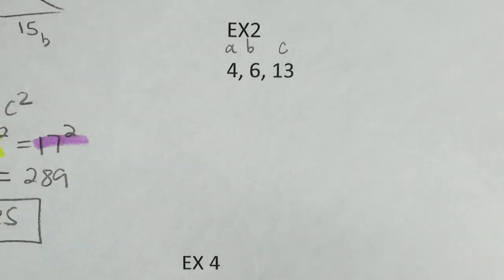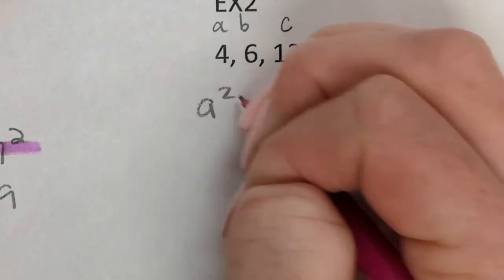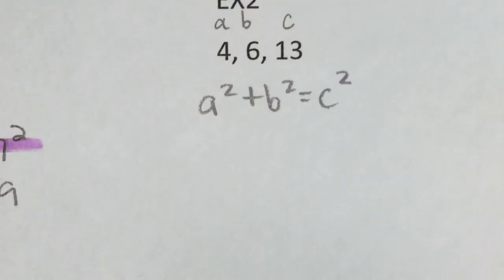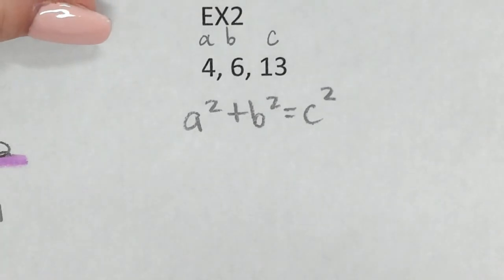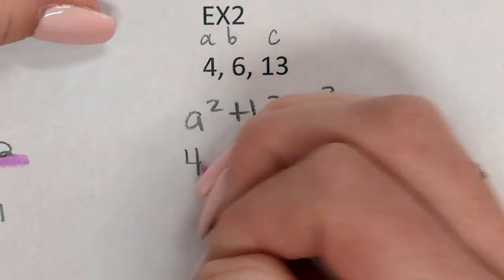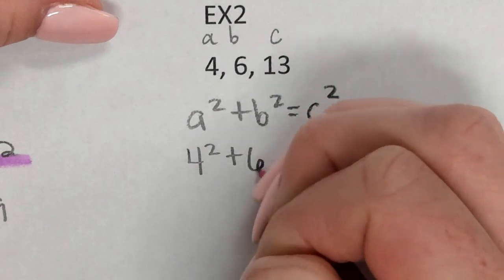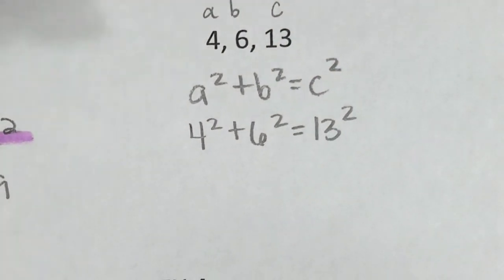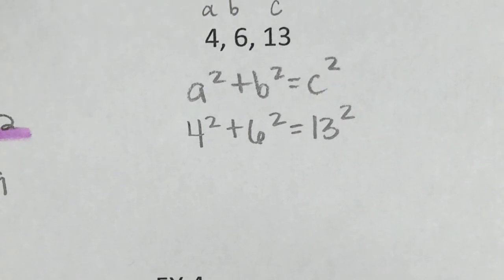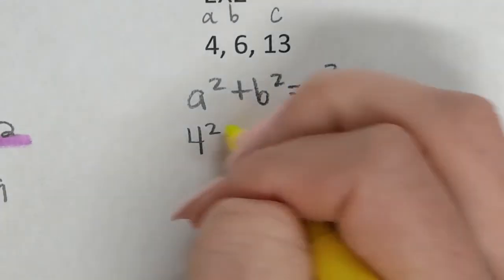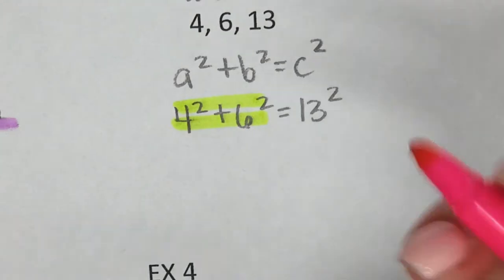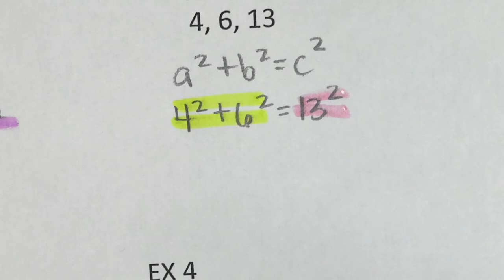I'm going to ask myself, a squared plus b squared equals c squared, is it true or is it not true? Okay, so I'm going to say, is 4 squared plus 6 squared equal to 13 squared? I'm just seeing if it's true or not true. So I put the left side of the equal sign in my calculator, then I'm going to put the right side of the equal sign in my calculator.